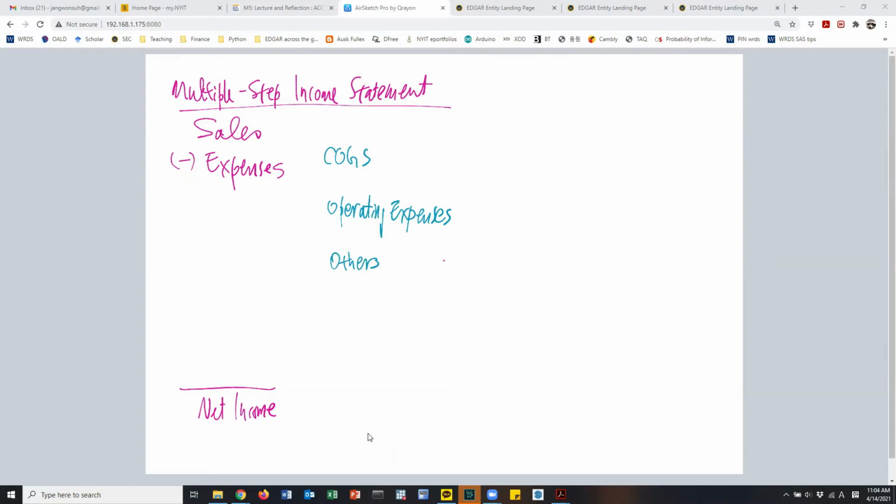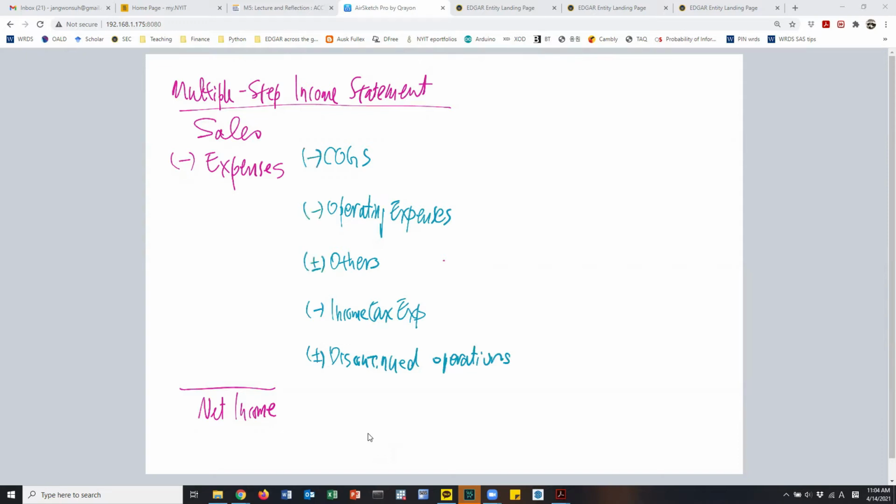Okay, and then you subtract out income tax expenses, and then if there are any, you adjust for discontinued operations. And then the end line is your net income.